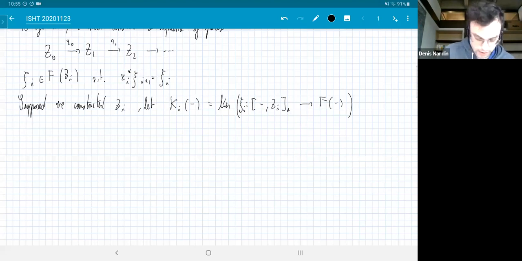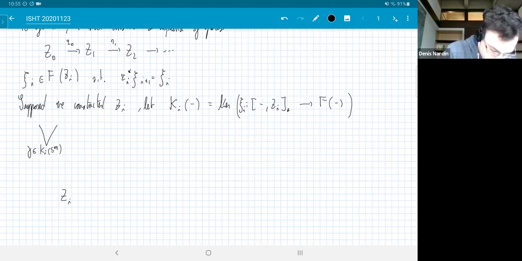Okay. How does this work? Well, we can force it to die. So we have our Zi here. And here we can take all the classes in Ki of Sm, m greater or equal than 1.